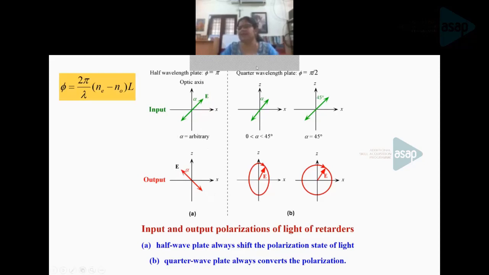But in the case of quarter wave plate, if the incident angle is between 0 and 45, this linearly polarized light is converted into an elliptically polarized light. If the input incident angle is 45 degree, then you will get circularly polarized light at the output. Okay, this is what retardation plates do.